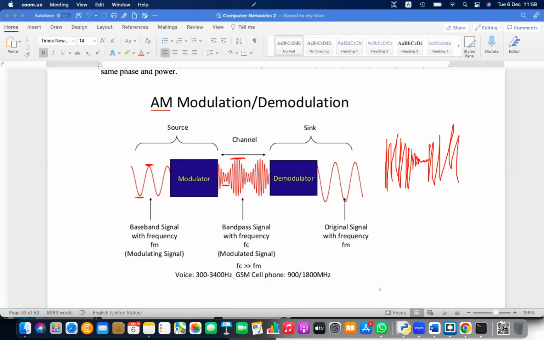Have you heard AM radio? No, sir. Earlier days there was a radio, right? You can change whether you need the AM channel or the FM channel.